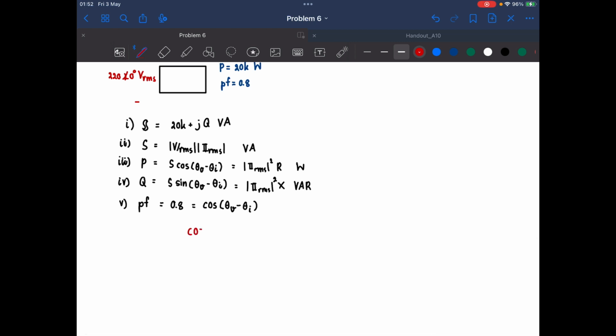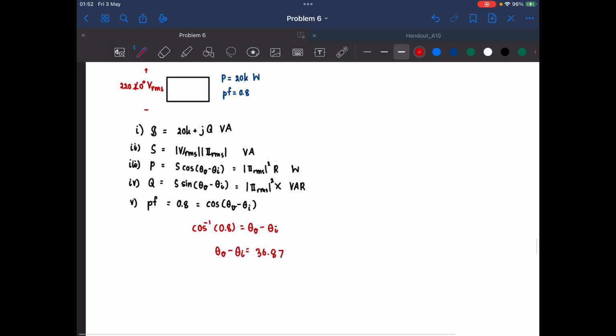So the arc cos of this is equal to this one. So it's equal to, which is, this one.